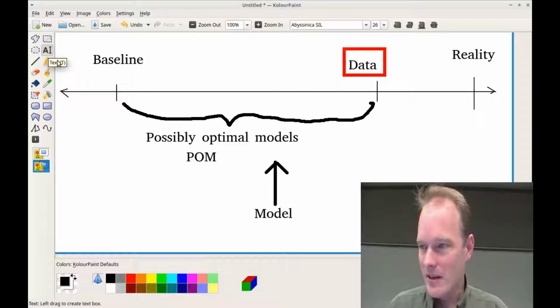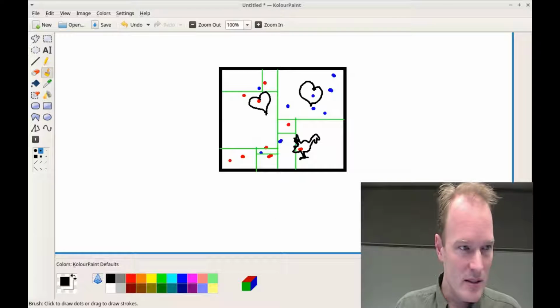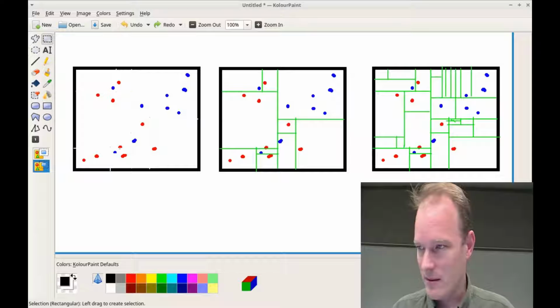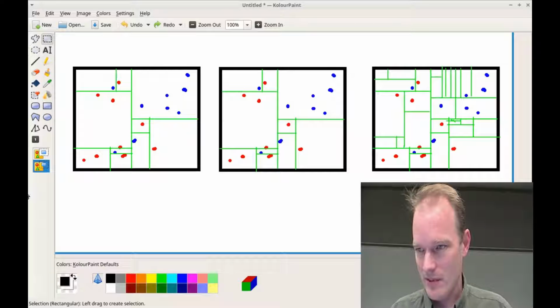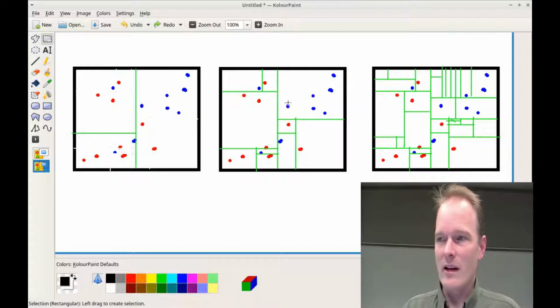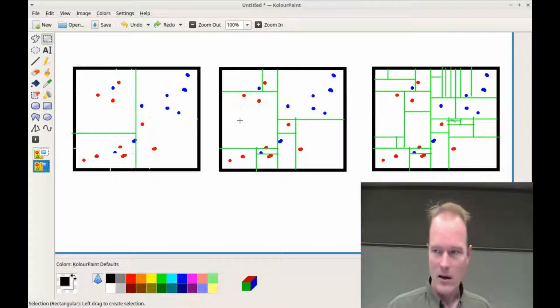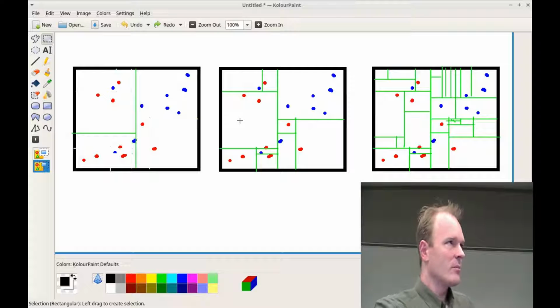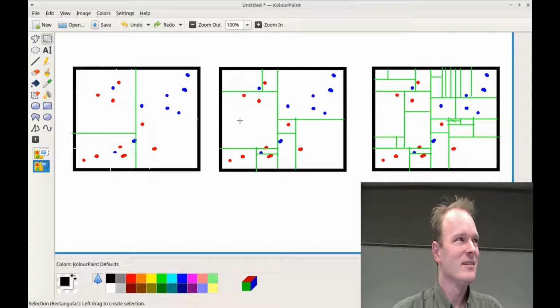The answer is maybe. Here's when you should. Let's go back to this data. Are the reasons why these points are scattered the way they are because of noise or because of truth? Do you see the question I'm asking?